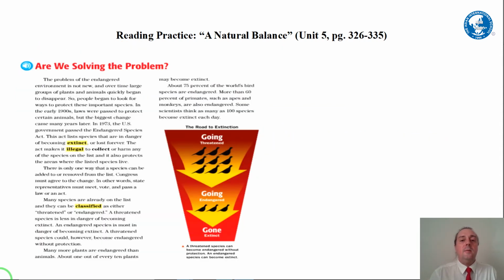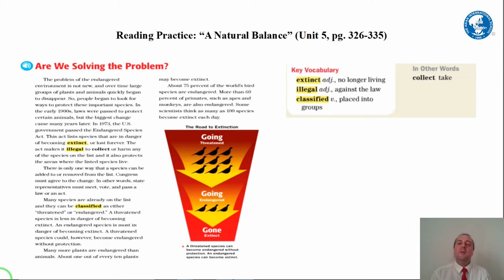Okay, now, next page. Are we solving the problem? Take 3 minutes, pause the video, and read this page about are we solving the problem? Here's some vocabulary that helps us understand what the words are on this page.